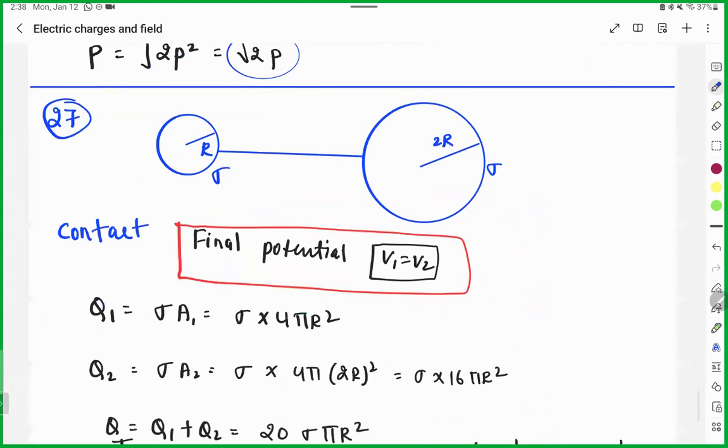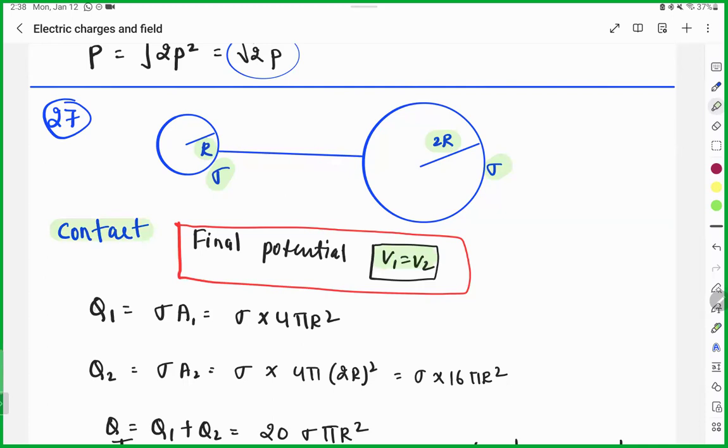We have this kind of question. You have one sphere with this surface area density and this radius. Another sphere has double the radius but the same surface area density. What will happen if you connect them? After contact, the potential will be the same.